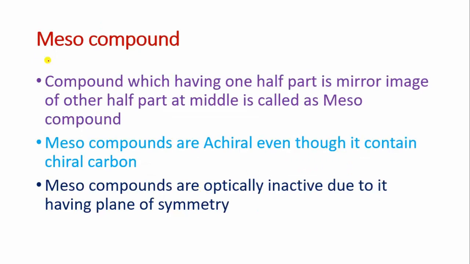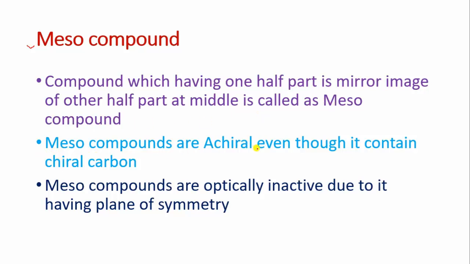Now, meso compound. A compound in which one half is a mirror image of the other half at the middle is called a meso compound.